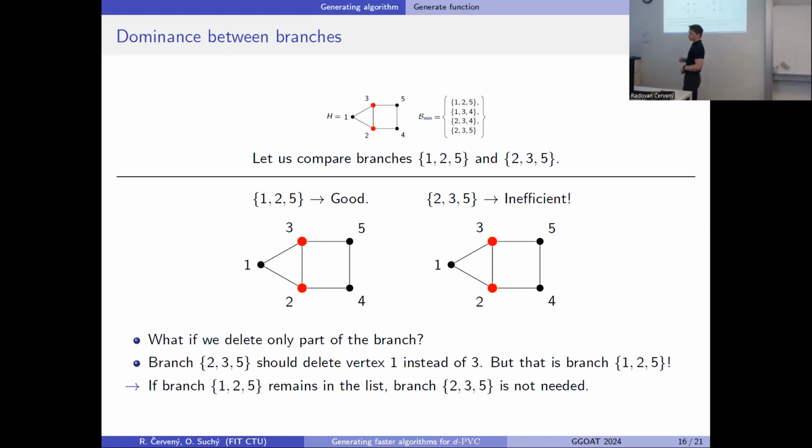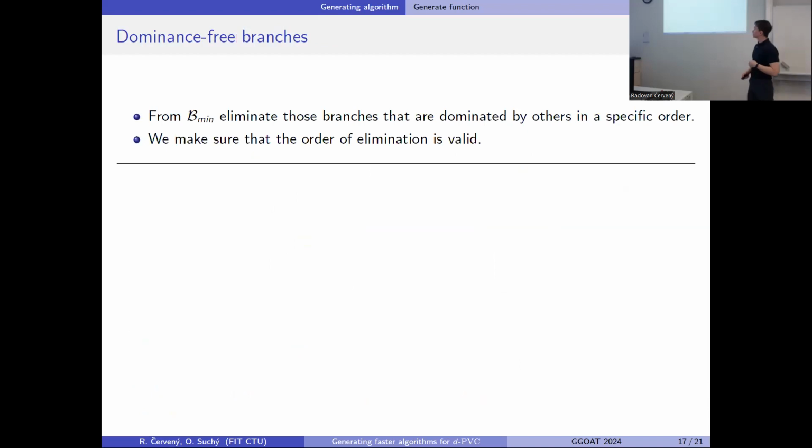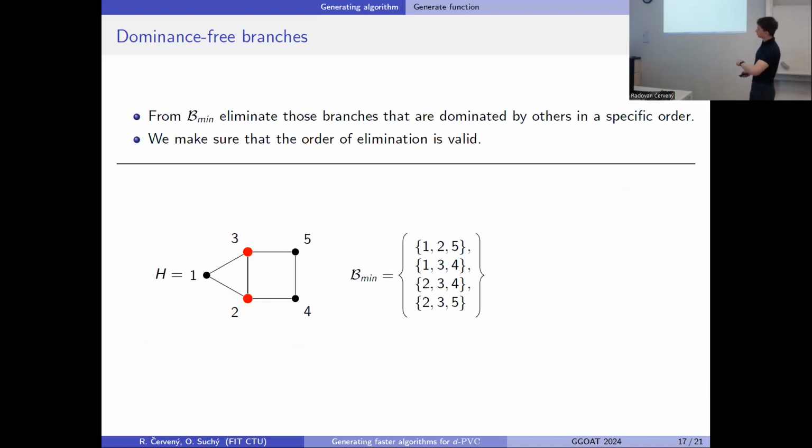And this dominance is what allows us to significantly prune the list of the minimum rules, because they are typically very inefficient. They do not use the information in the red vertices. That's why they're inefficient.